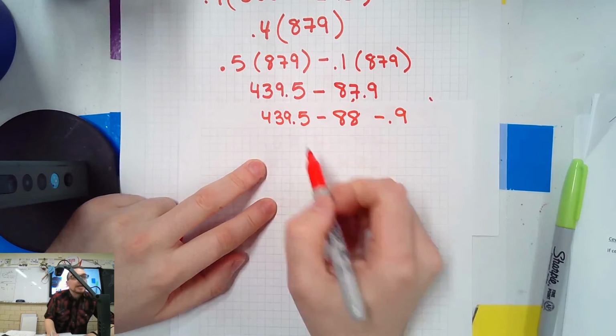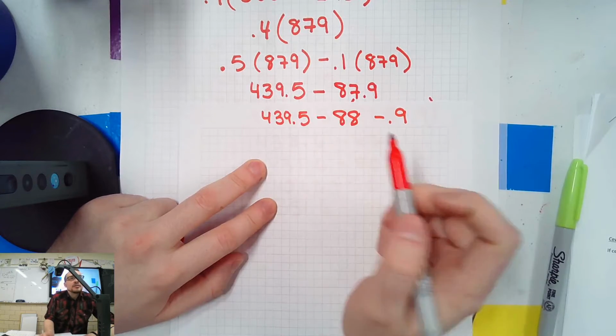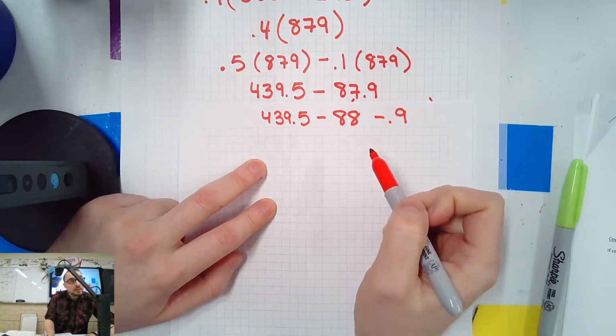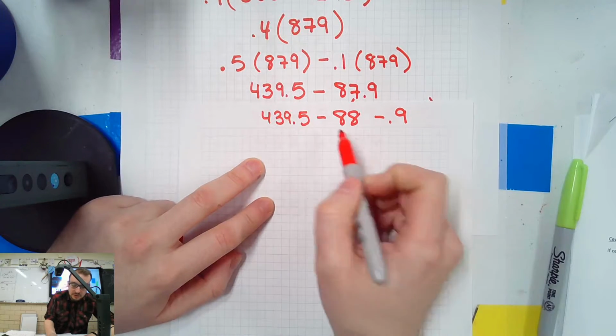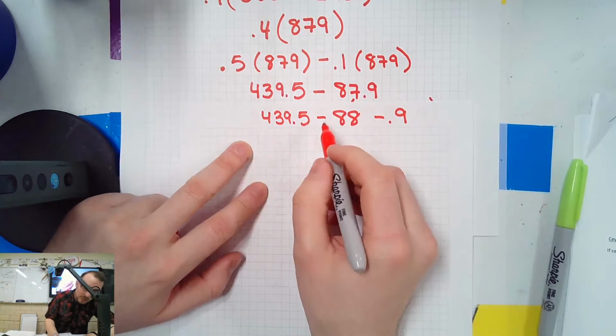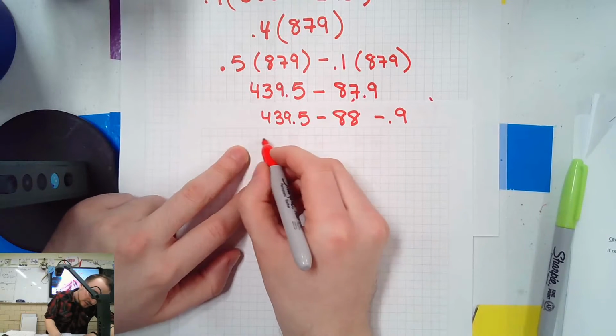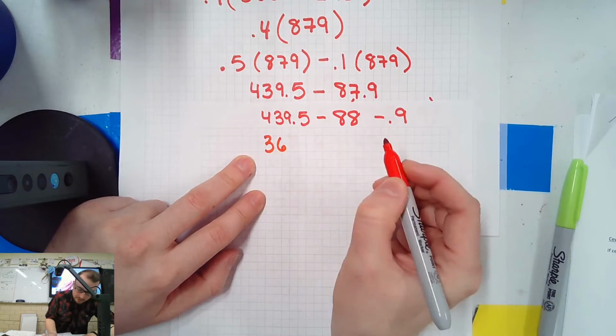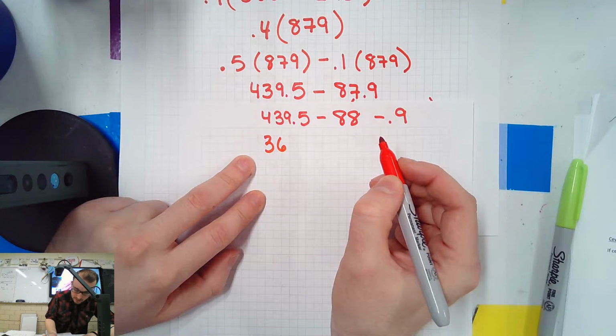So I guess you did the 0.9 first, and I did the 88 first. That's the difference. You subtracted this first and then kept going, which is probably a better method than I'm about to use. So if I subtract 88, I'm going to subtract 80 from this. So I'm going to get 3, 6, 9. I like your way better.